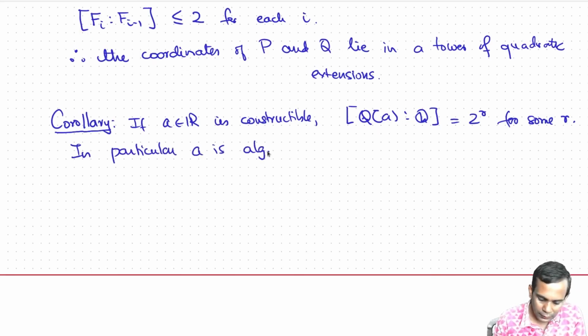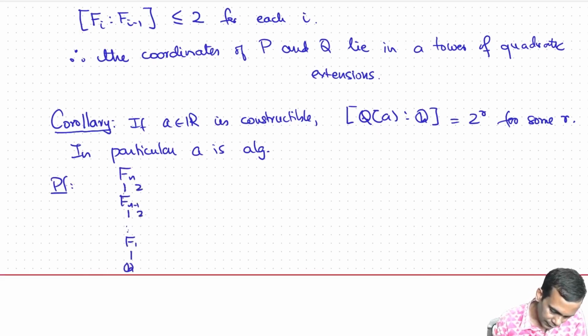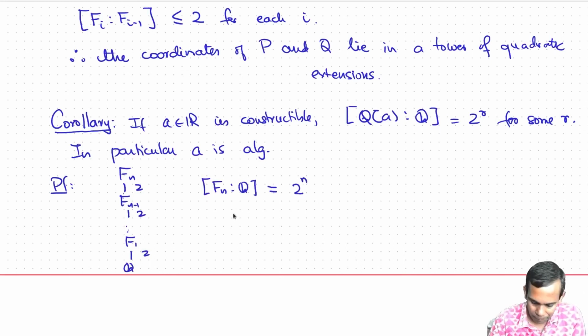This is because if we have a tower Fn, Fn minus 1, down to F1, Q, and each of these extensions is of degree 2, then the degree of Fn over Q is going to be 2 to the power n. It's going to be the product of these extensions. And now if our element is constructible, then it lies inside some Fn like that.